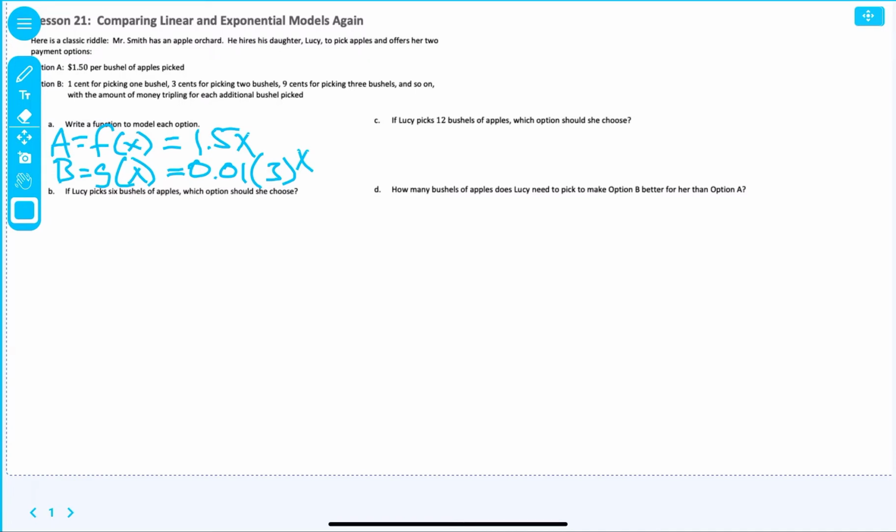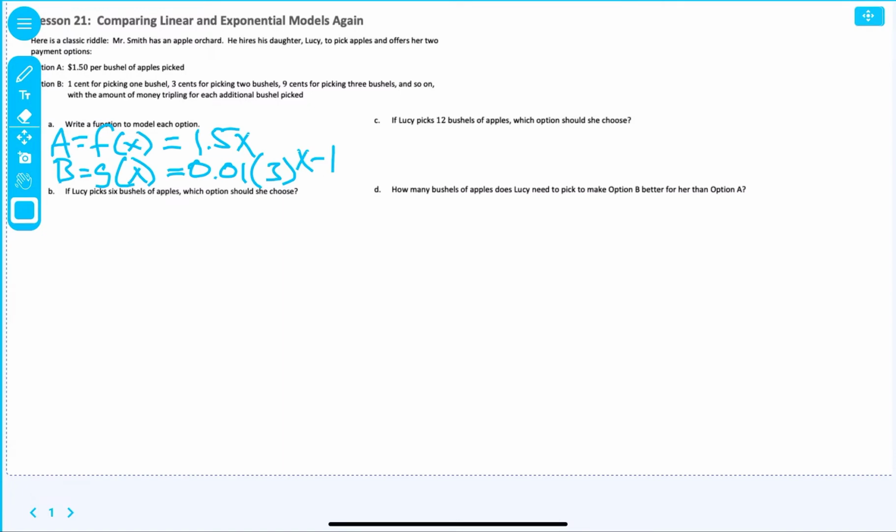Minus 1. Because we can't just put 1, because that's going to give us the 3 cents for the first bushel. That's the reason why you have to subtract the first one, because we've already accounted for it. So yes, x minus 1. Perfect. That's it. X is the number of bushels of apples picked. Good. I thought that was going to take us all day.